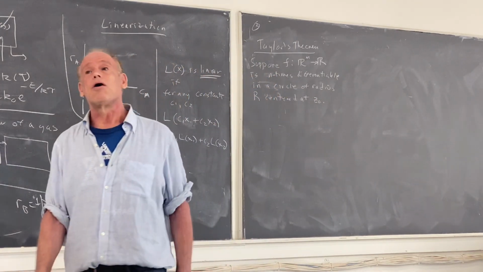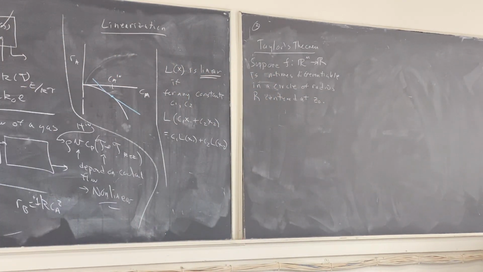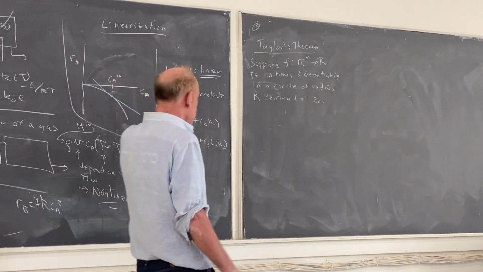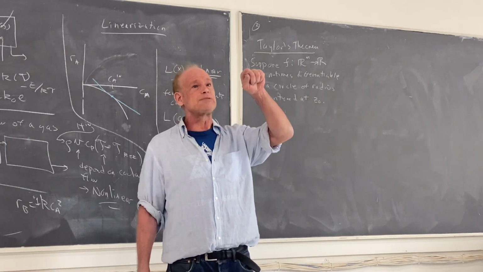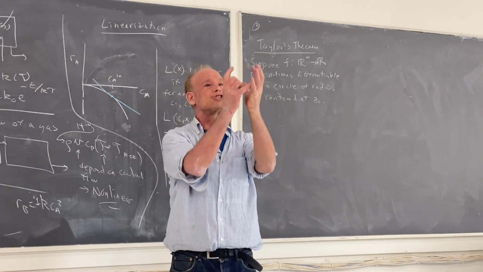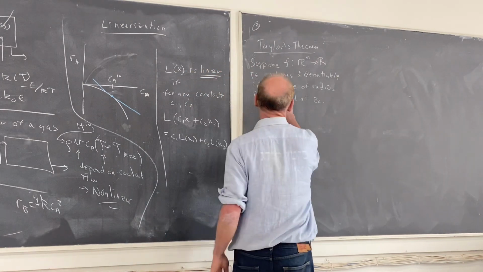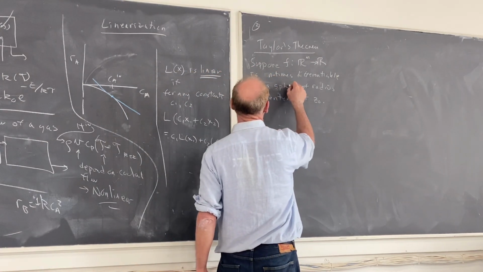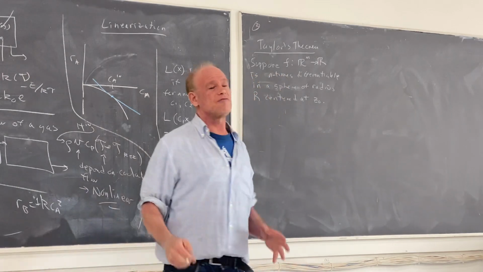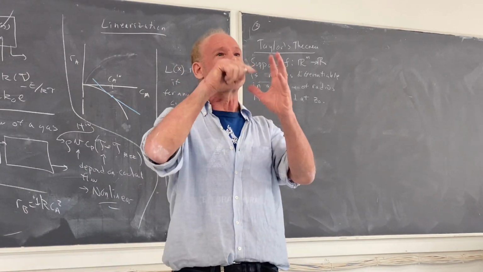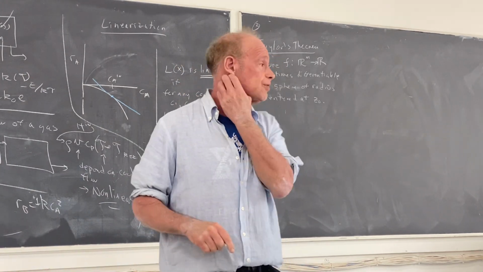Remember, I've got R to the n, so I could have the plane or 3 dimensions or 20 dimensions. And I'm assuming that near a point in that space, there's a circle, or if you like, a sphere around it, of a certain radius, such that the function is n times differentiable everywhere in that sphere.